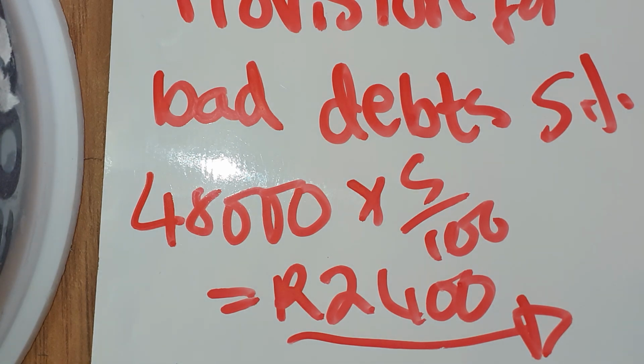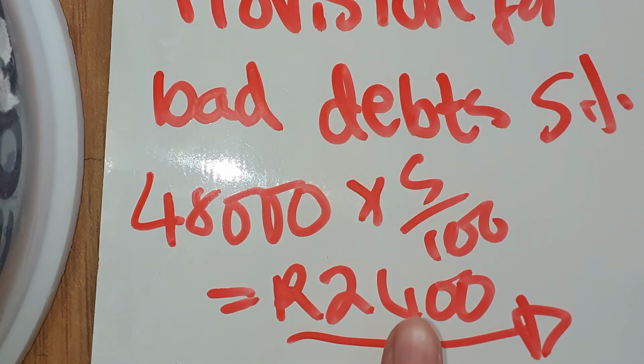So this provision will be taken to the income statement as an expense. It will be a bad debt adjustment, or provision for bad debts. You just write it like that on your profit and loss statement. So this amount will go as an expense.